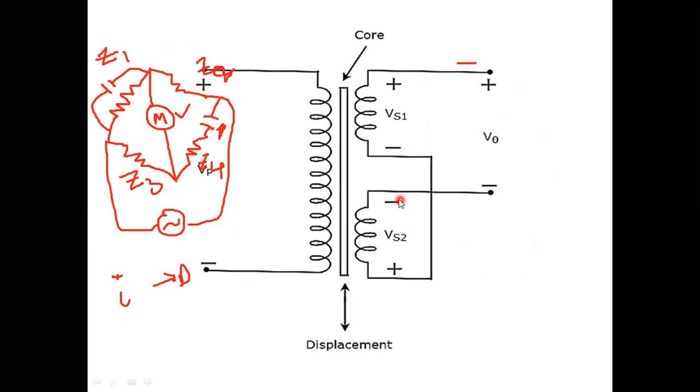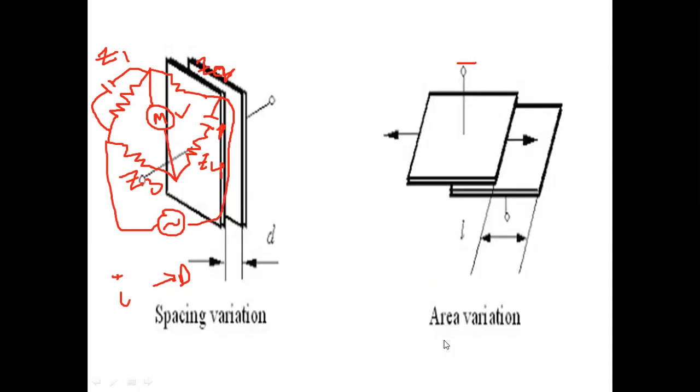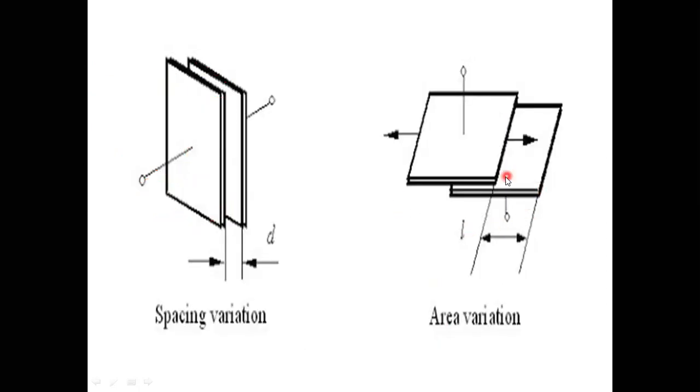So this is area variation. This top plate is the fixed plate and the bottom plate is the movable plate. Or suppose the bottom plate is the fixed plate and the top plate is the movable plate.